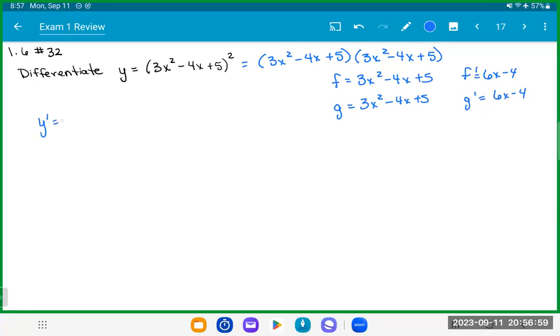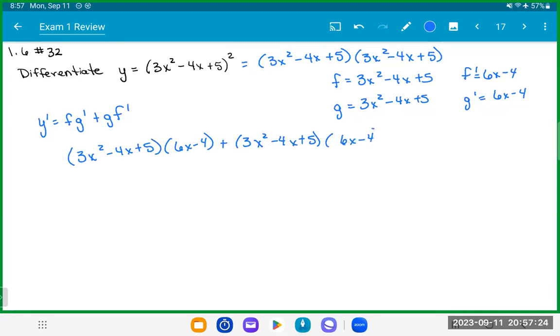So y prime equals f g prime plus g f prime. So this gives me my f, which is 3x squared minus 4x plus 5, times g prime, which is 6x minus 4, plus my g, which is 3x squared minus 4x plus 5, and my f prime, which is 6x minus 4.